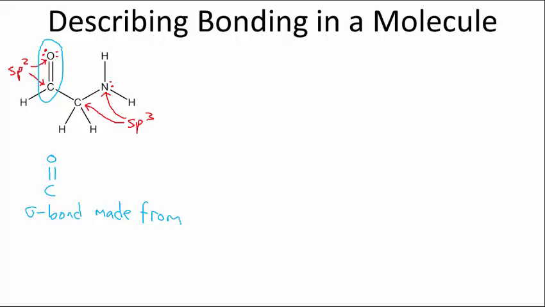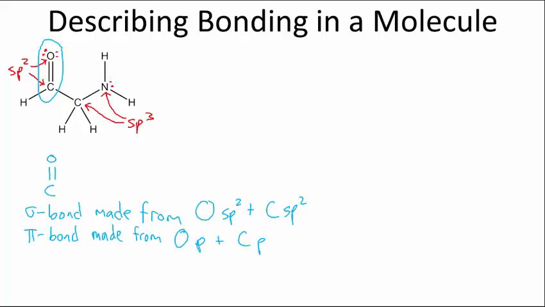So one way to write that might be to say it comes from oxygen sp2 and carbon sp2 orbitals. So that's where the sigma bond comes from. And then what does the pi bond come from? The pi bond comes from the oxygen p orbital and the carbon p orbital.